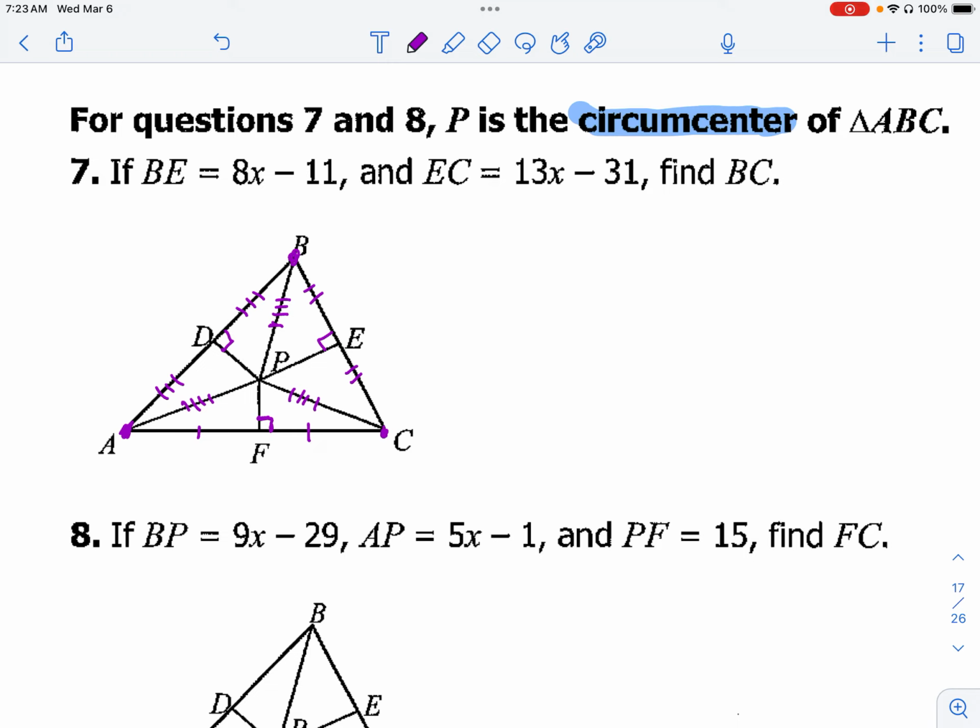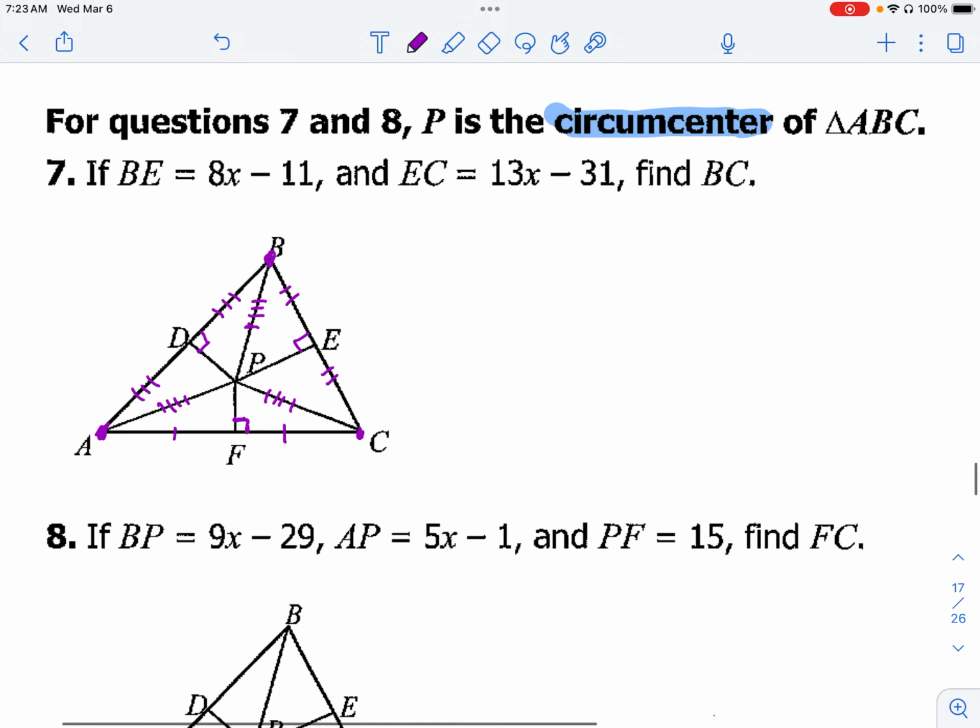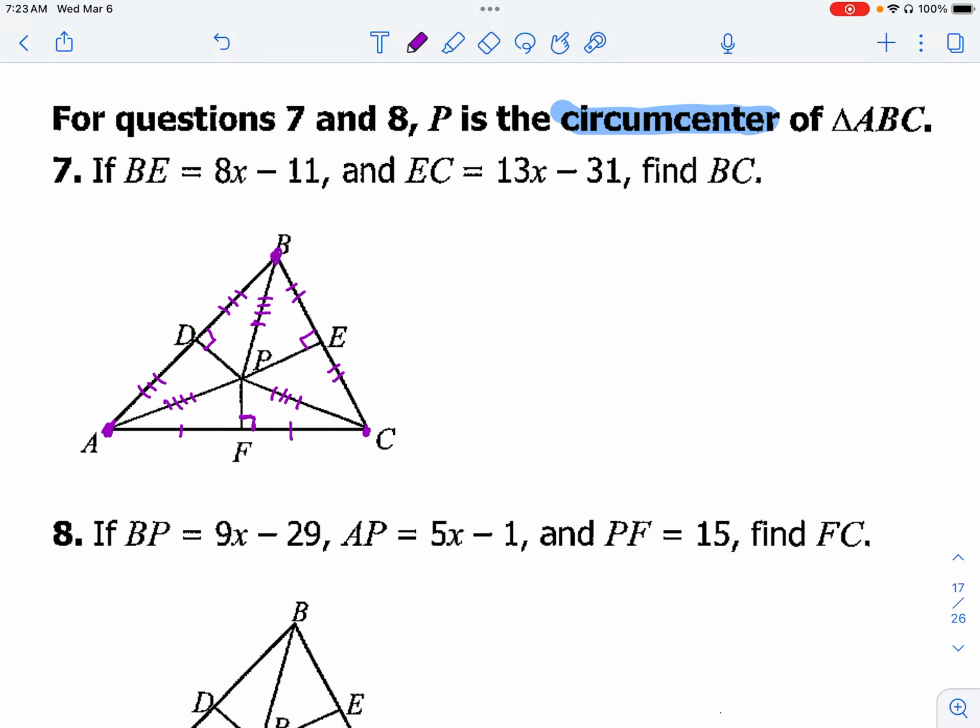So not only does this give us a lot of congruent lines, but it also gives us a lot of right triangles. And wherever we have a right triangle, we can use the Pythagorean theorem if we know 2 out of 3 segments. So first thing we've got to do, BE.